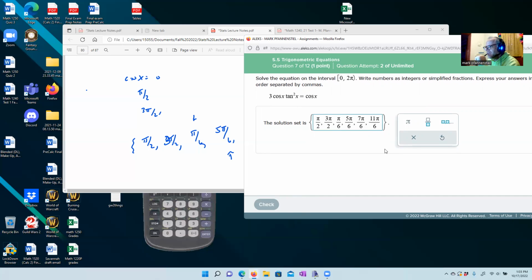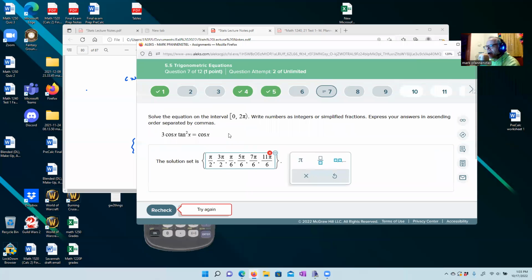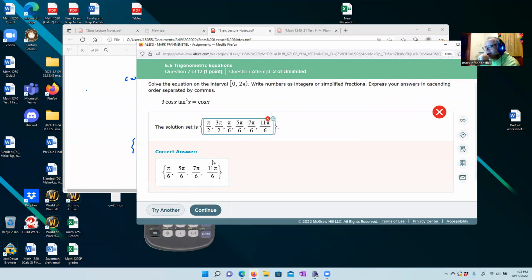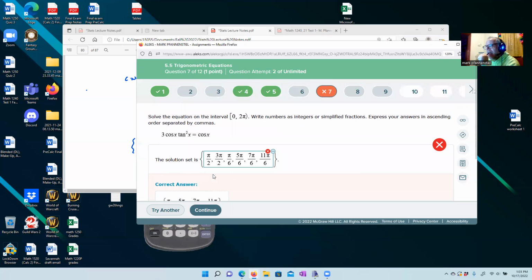I've done this problem twice now, and I don't think the answers that they have are correct.